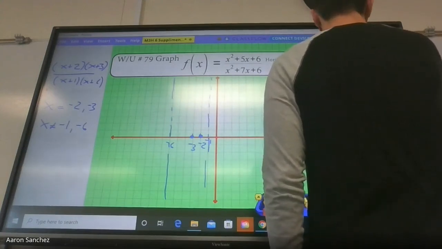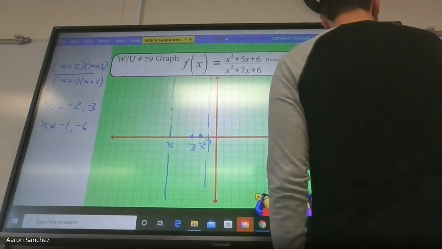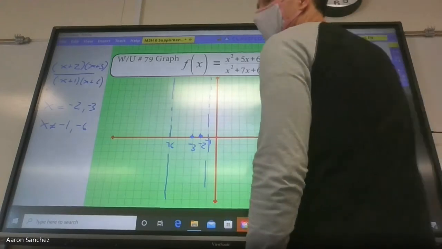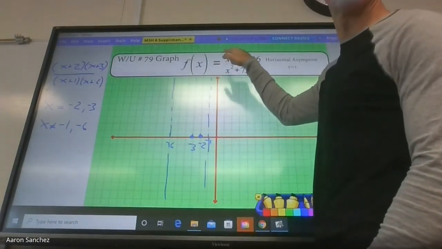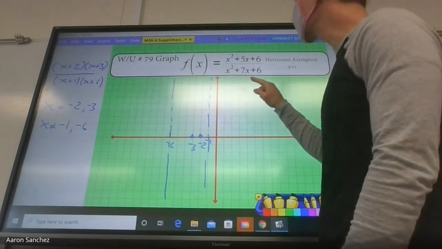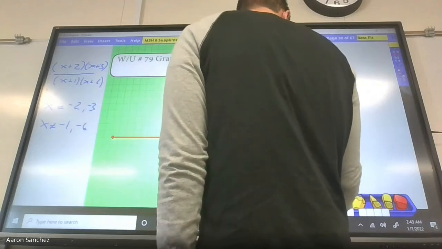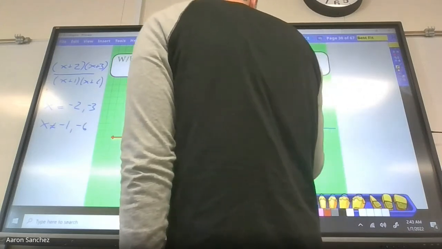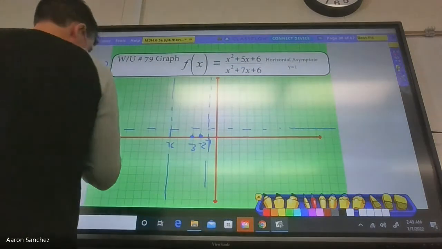I have it there, but actually, I should erase that. Because they're the same, 1 over 1 is 1. My horizontal asymptote is y equals 1. So I go right here. You guys got that?